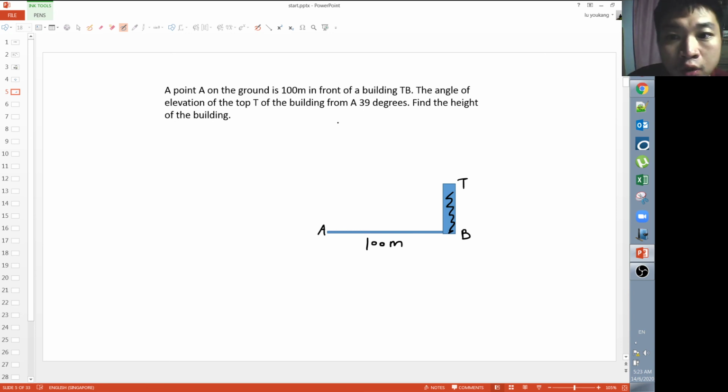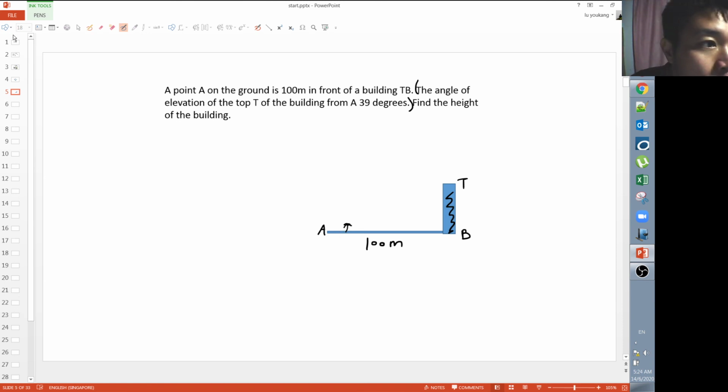Focus your attention on this sentence: the angle of elevation of the top T of the building from A. So from A, angle of elevation. Angle of elevation is always from your horizontal, go up, right?